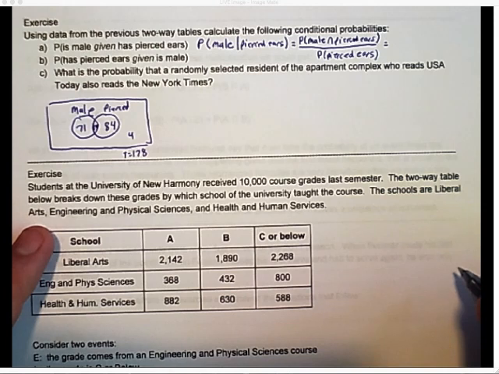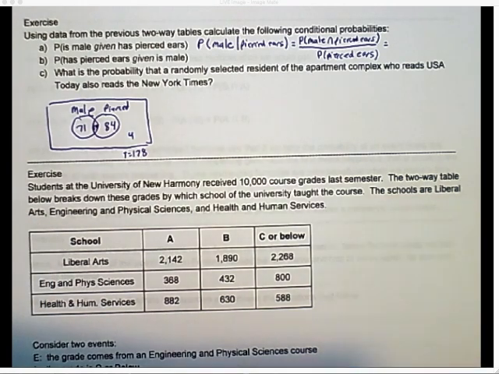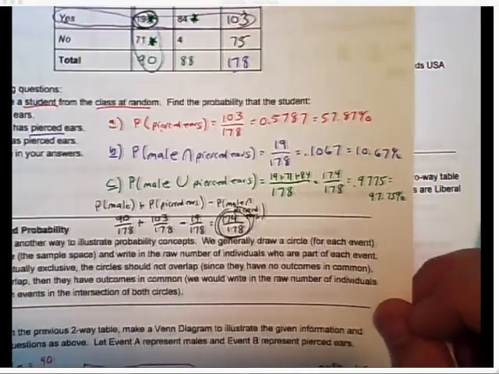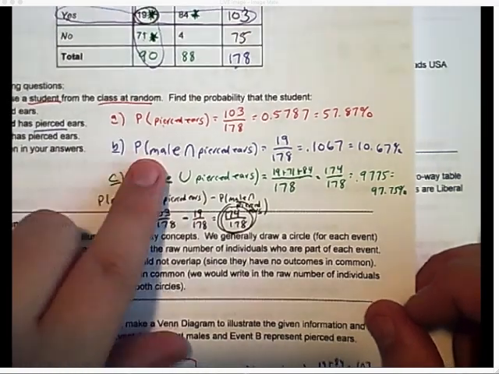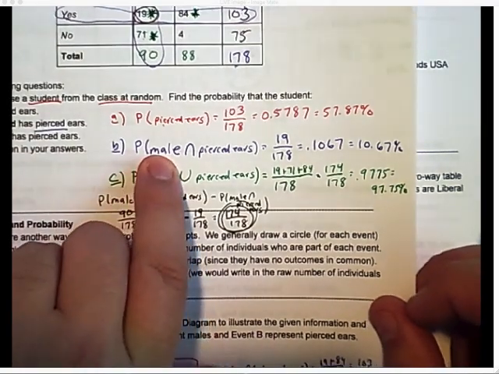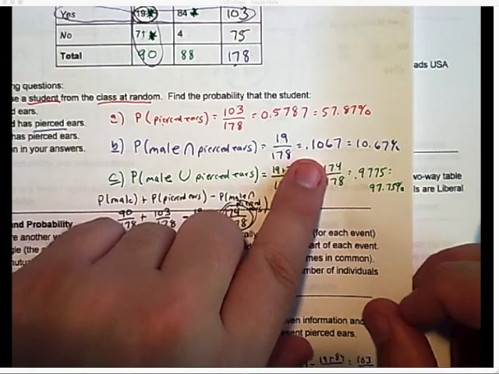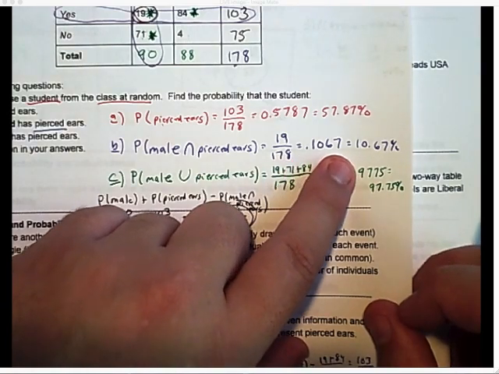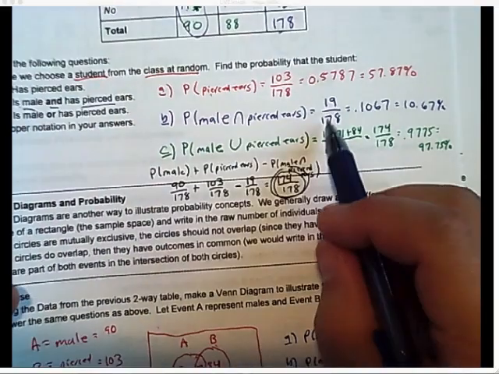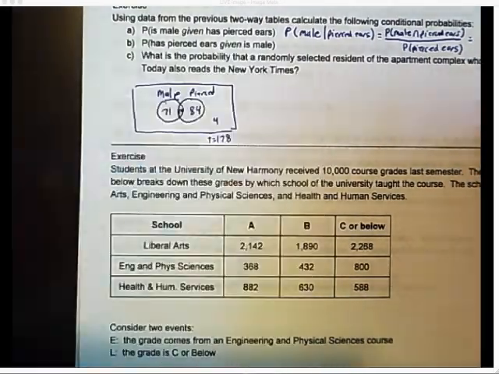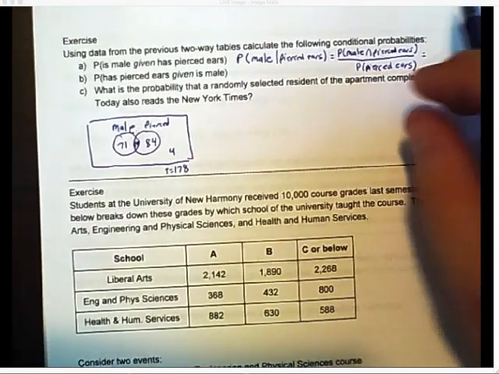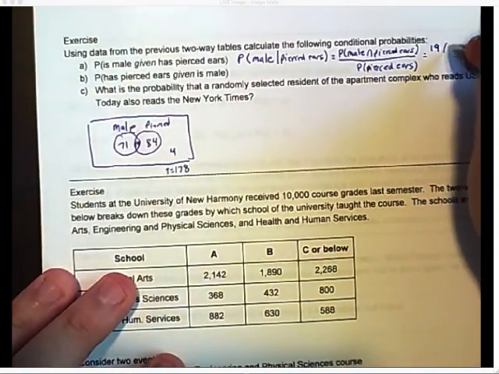Or we can actually use the decimals that we found up on this page. So if I use the decimal version, male and pierced ears, we got 0.1067. Actually, let's write it as the fraction. We got 19 over 178. So that probability is 19 over 178.